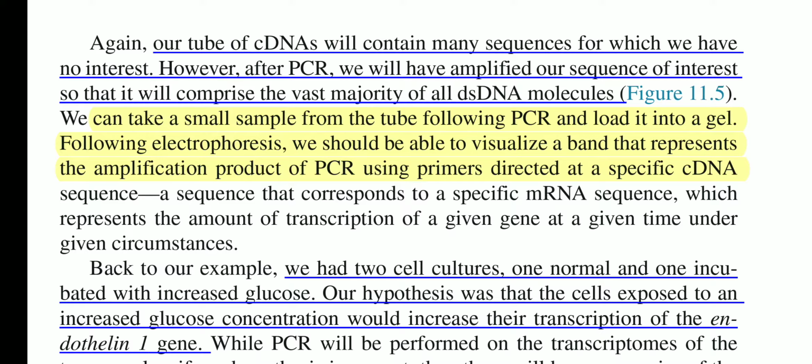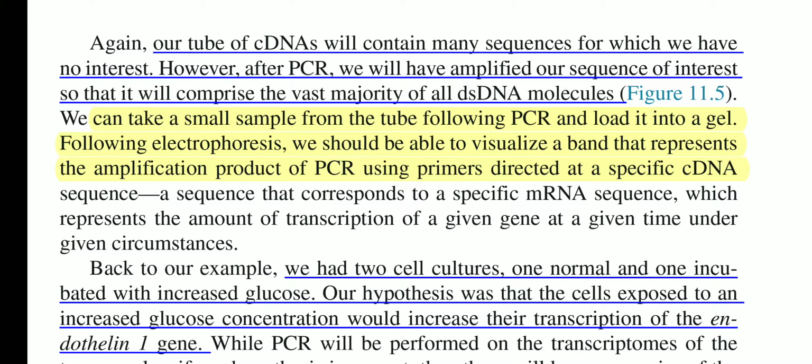Now this is important, because we have designed our primer in such a way that it will bind complementarily only to that particular endothelin 1 gene cDNA. So when we run PCR, only that gene will be amplified, and all the other cDNA will remain as such.